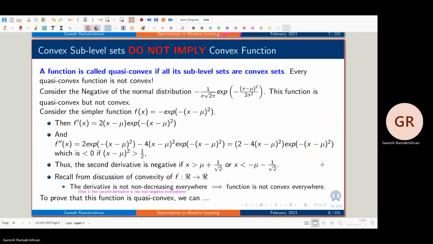So quasi-convex means exactly this: f is quasi-convex if L_alpha f is convex for all real alpha.